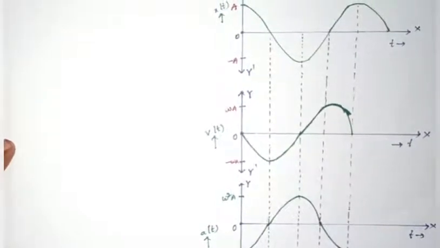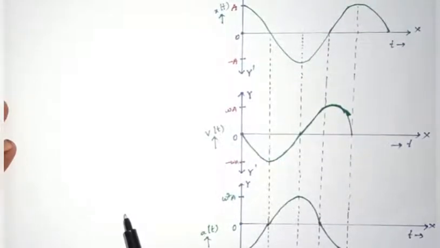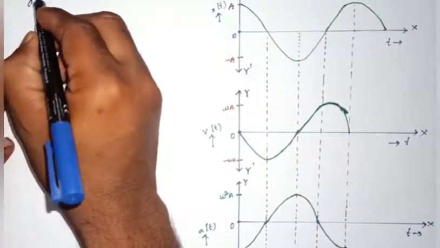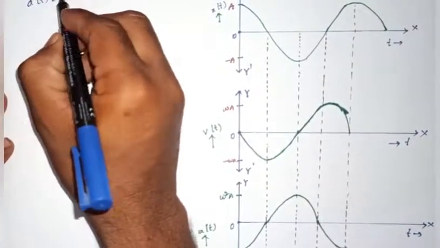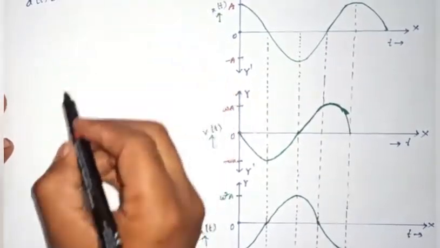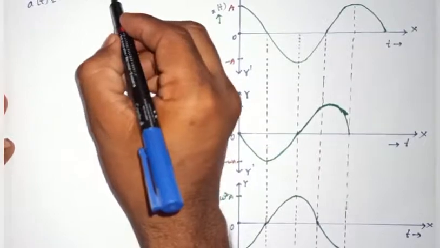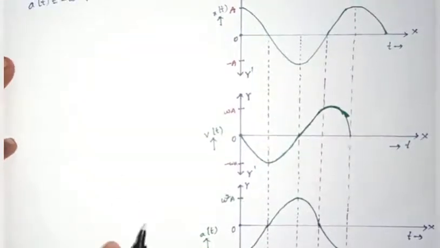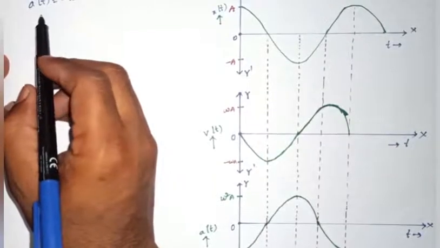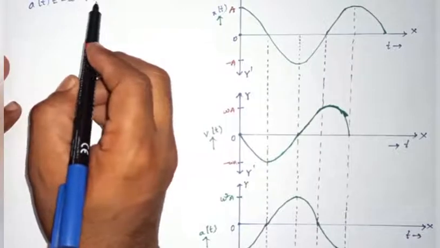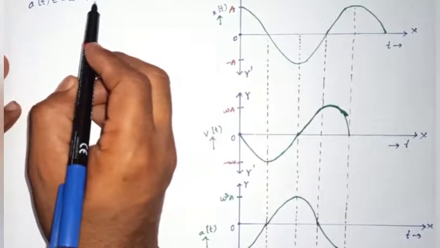Continuing, a of t equals minus omega square into x of t. This is equation number 5. In this equation the acceleration must be opposite to the horizontal direction, along the x direction.